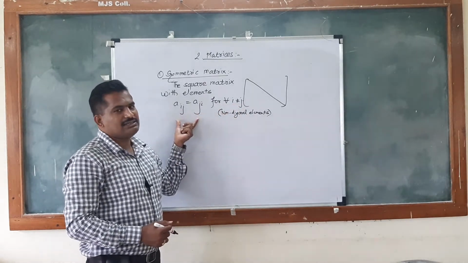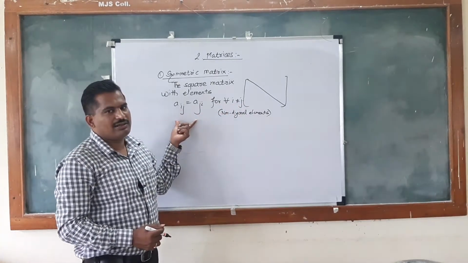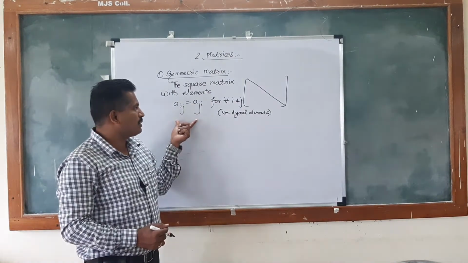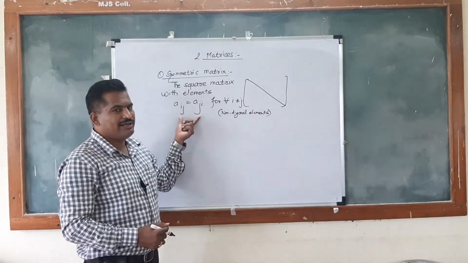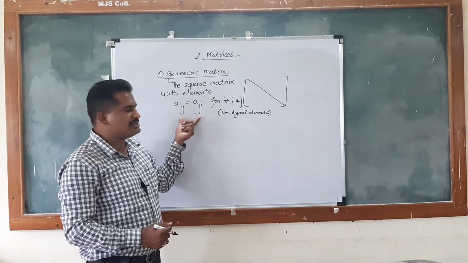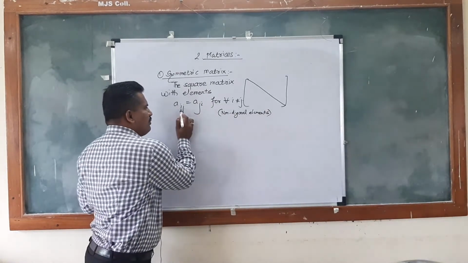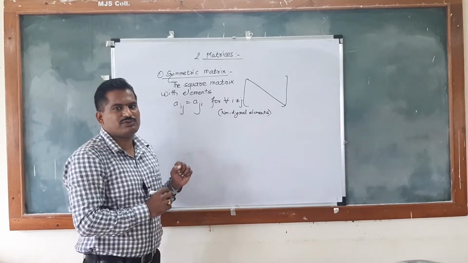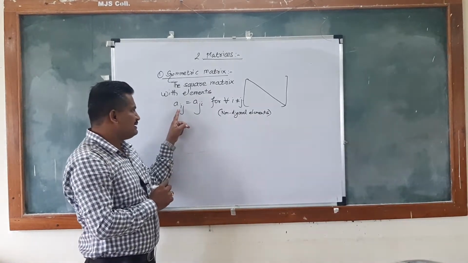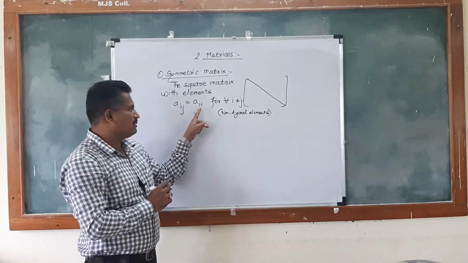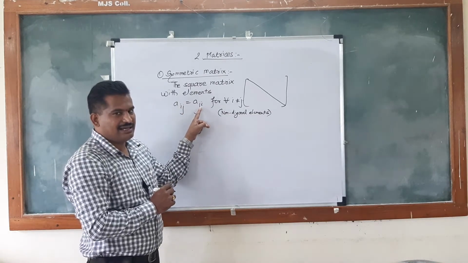This restriction depends upon non-diagonal elements. Therefore, these non-diagonal elements are identical or the same, having reversed coefficients. That means Aij and Aji.